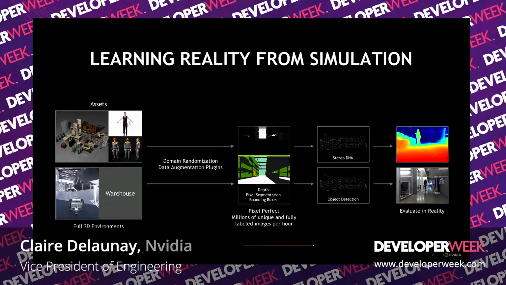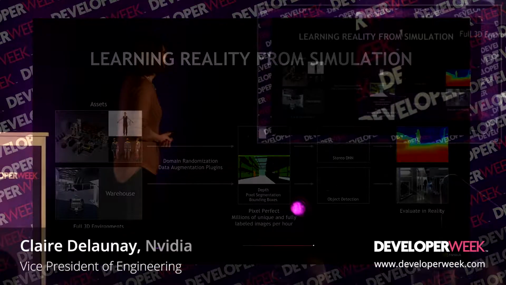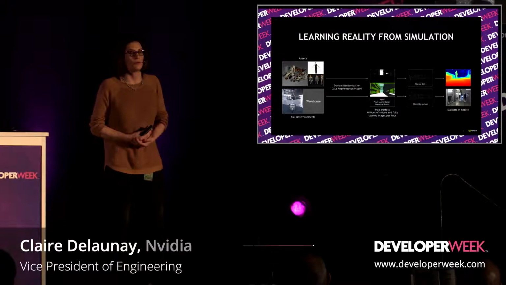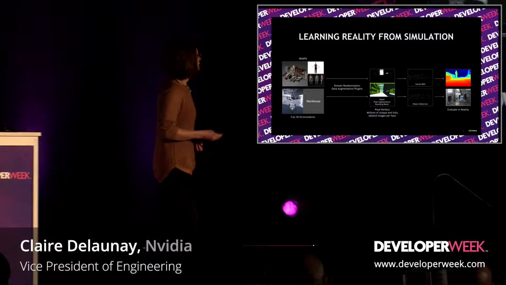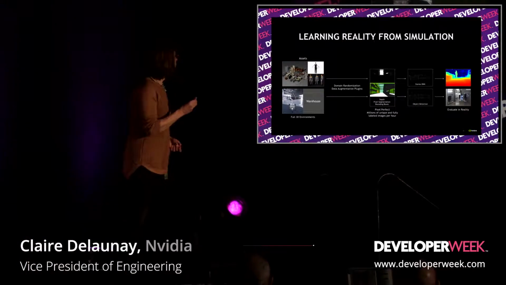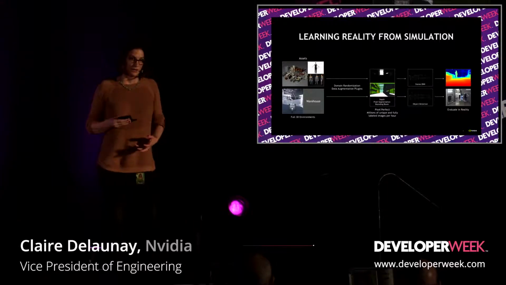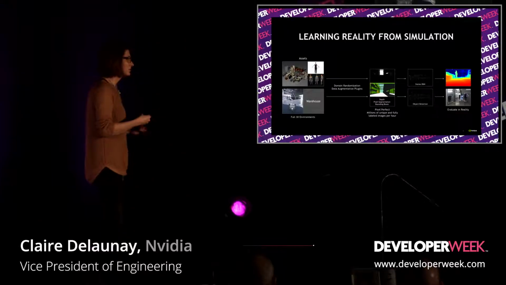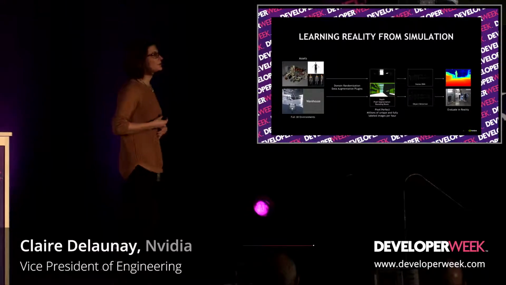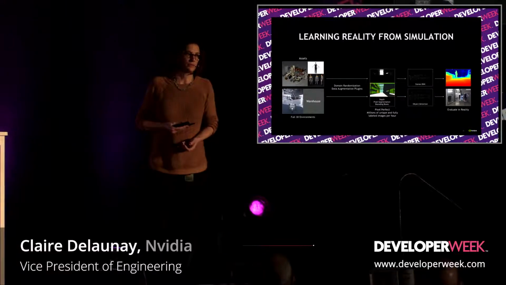So here is a very interesting workflow that we introduced. As I mentioned before, now that we have simulation and that we increasingly use video and cameras to perceive the world, it turns out we can actually learn a lot from simulation. And so what we developed is a way to create your scenarios and introduce domain randomization to at least bootstrap the training of your algorithm.